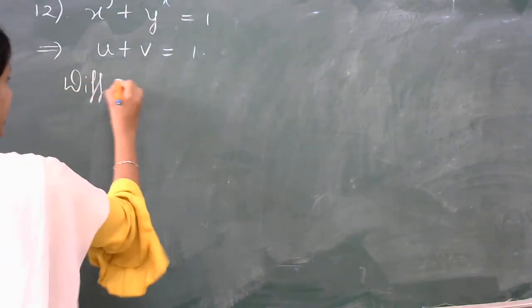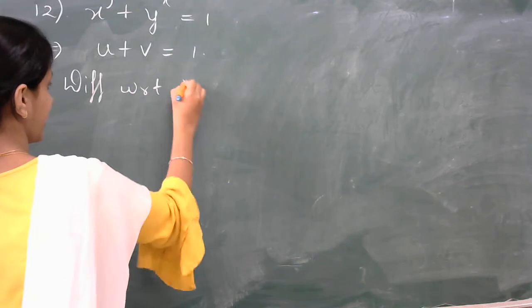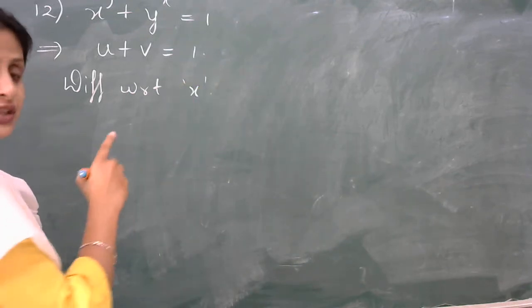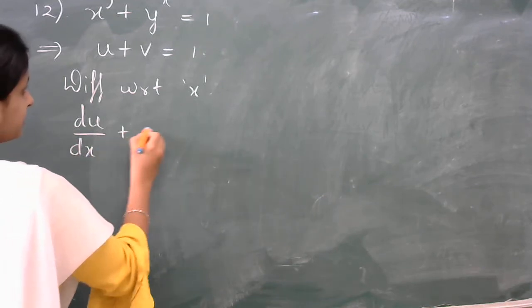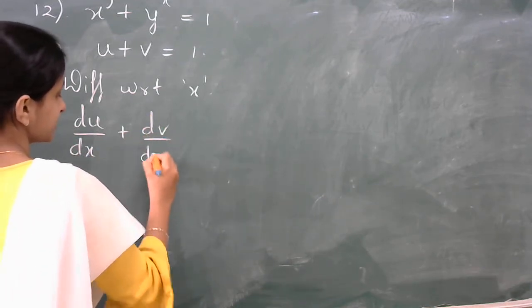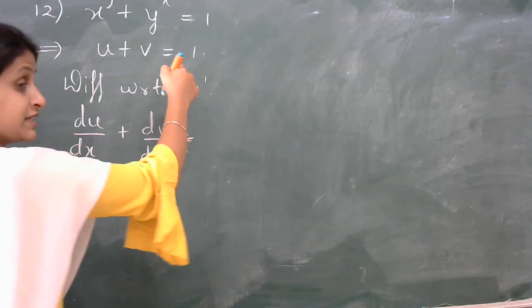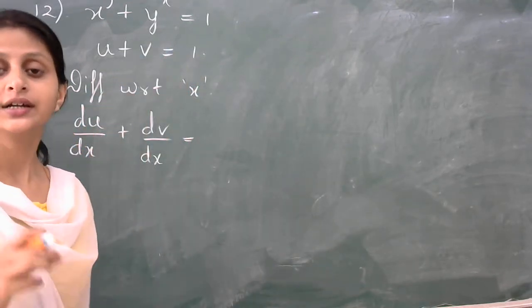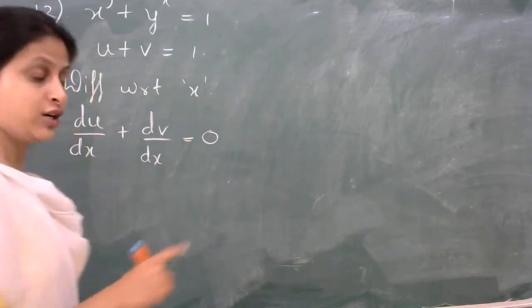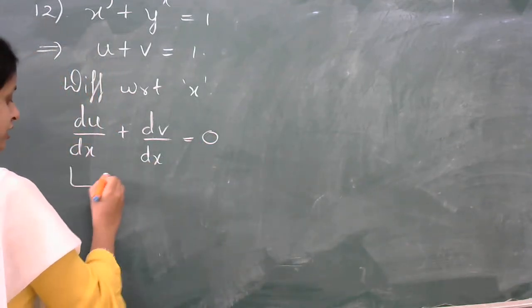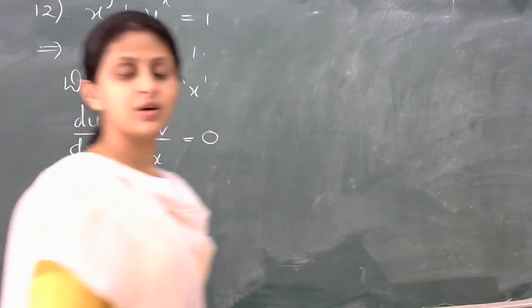Now differentiate with respect to x. So du by dx plus dv by dx is equal to, what is differentiation of a constant students? Differentiation of a constant is 0, right? So we got this equation. Call this equation 1.